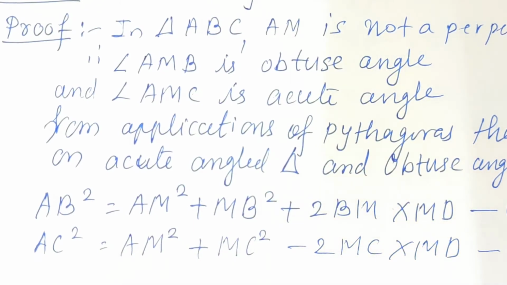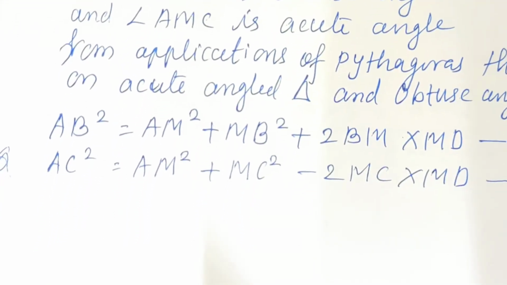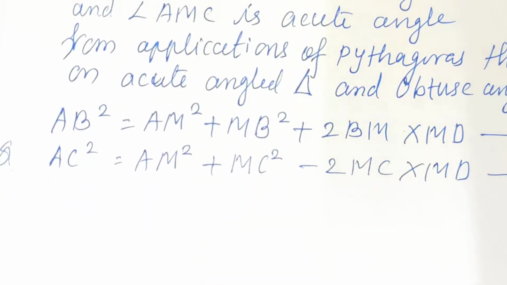But you see in the second equation, MC and MB, these are equal to each other. I am showing you in the diagram. First you see the second equation here.